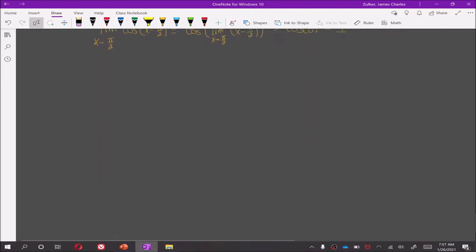Finally, we will show that f of x equals x minus cosine of x has at least one 0.